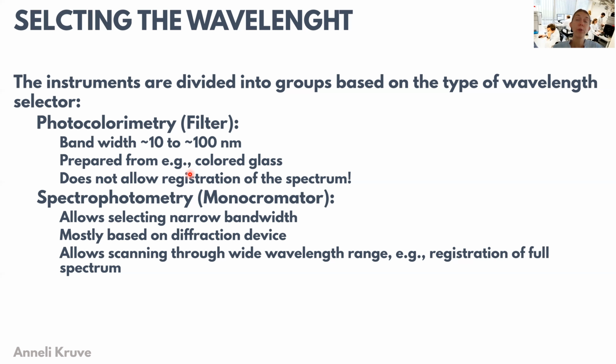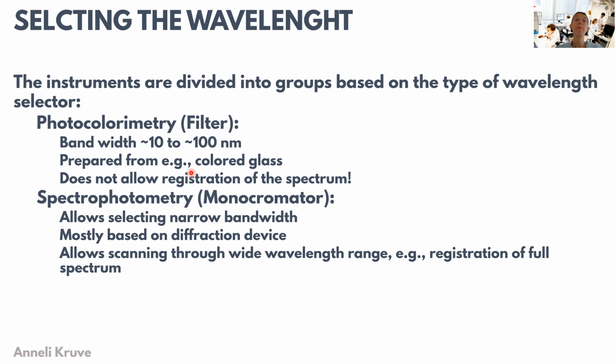On the contrary, spectrophotometers with a monochromator can get much narrower bandwidth. This can be a nanometer range, and it can be used to scan through a specific range of wavelengths. The monochromator can be altered, depending on its type, either turned, for example, to select the wavelength that we are interested in.